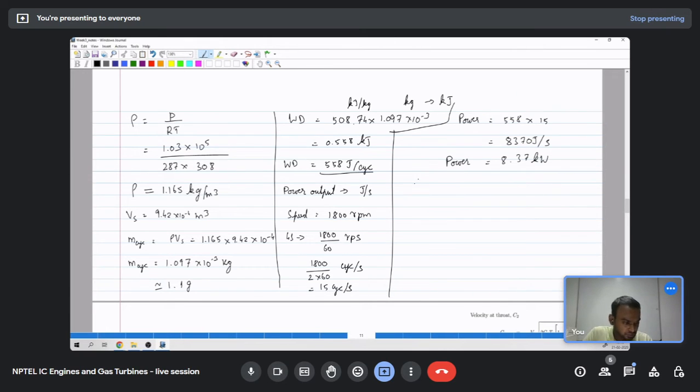So power output of the engine is 6 into 8.37, where 6 is the number of cylinders. That is 50.22 kilowatt.